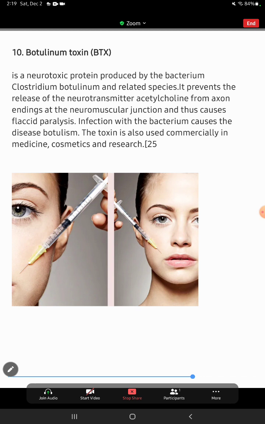It prevents the release of the neurotransmitter acetylcholine from axon endings at the neuromuscular junction and thus causes flaccid paralysis. Infection with the bacterium causes the disease botulism. The toxin is also used commercially in medicine, cosmetics, and research.